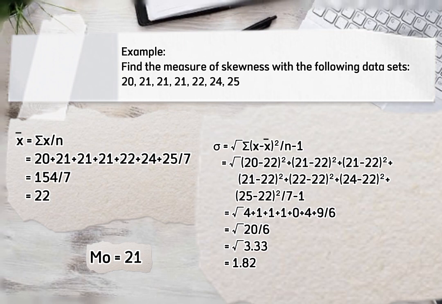So we got now the square root of 20 over 6, or the square root of 3.33. The final answer is 1.82.